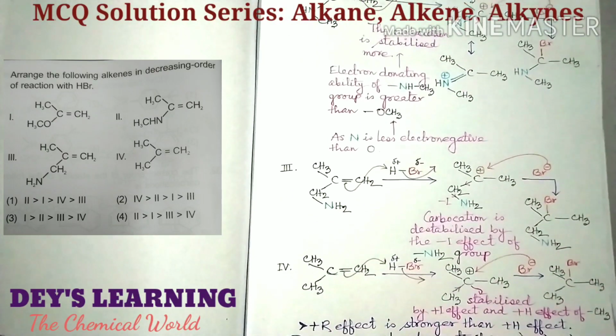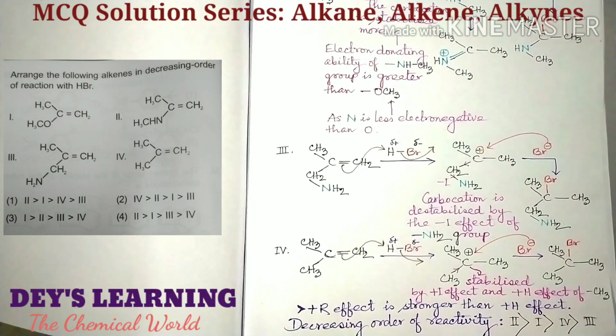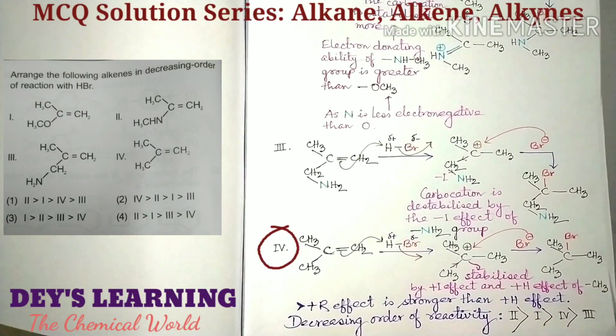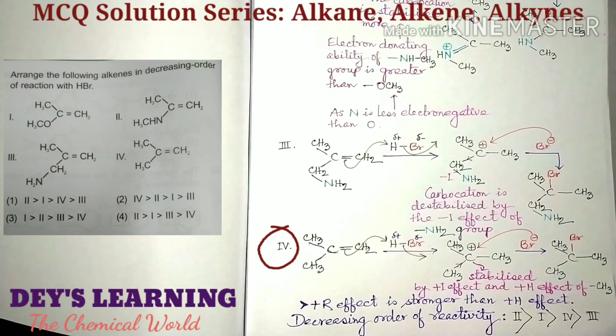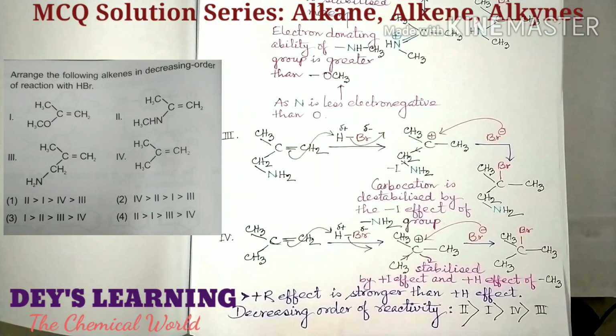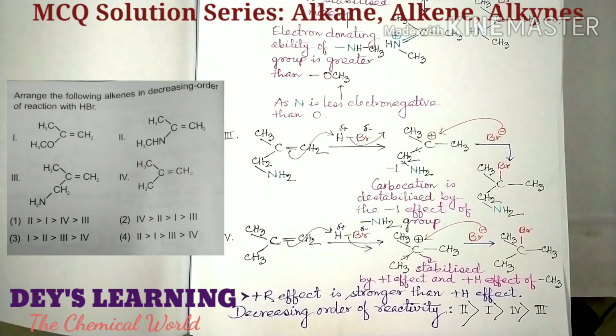And in case of compound 4, the double bond attacks the H plus ion, Br minus leaves the substrate. So the carbocation formed from compound 4 is stabilized by the plus I effect and of course the hyperconjugation effect of the methyl groups. We know the plus R effect is stronger than hyperconjugation effect.